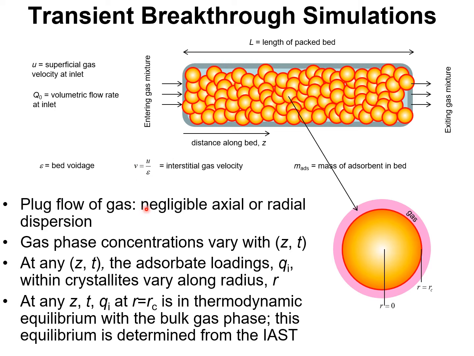In setting up the model for transient breakthroughs, we assume plug flow of gas, assuming negligible axial or radial dispersion. The gas phase concentrations vary with z and time t, and at any z, t, the adsorbate loadings q_i, say in units of moles per kilogram, within the crystallites vary along the radius.